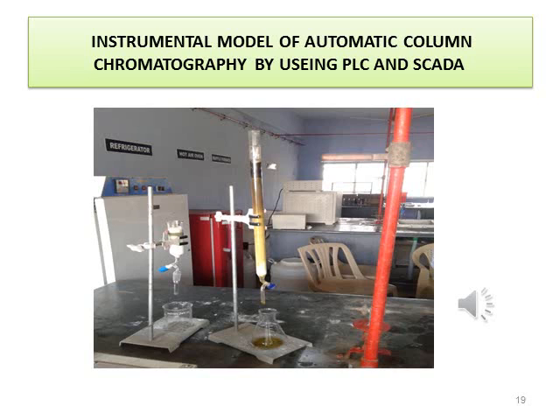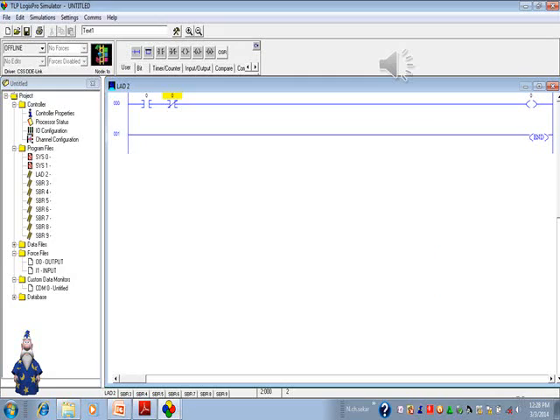So the critical part is column maintenance, column mobile phase maintenance and fractions collection. We introduced that automatic system by an instrumentation model, for which we use software for developing the instrumentation model. We used the ladder diagram software. Here these are the ladder sections.